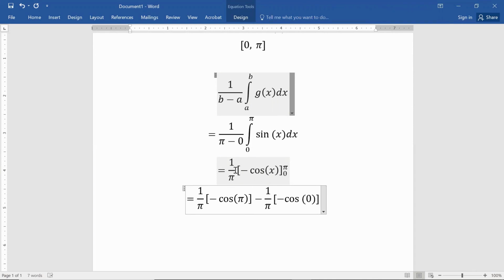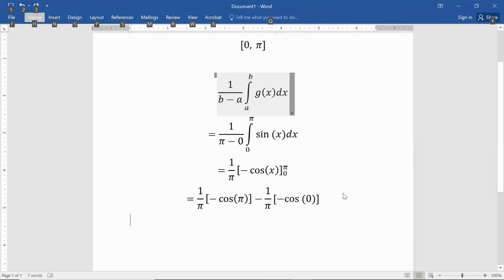Now I have to be a little bit careful. Remember, cosine of 0 is actually 1. Cosine of pi is actually negative 1. So I'm negating a negative 1. That's going to give me a negative of a negative 1, gives me a positive 1, obviously.